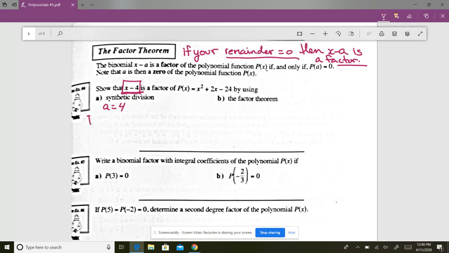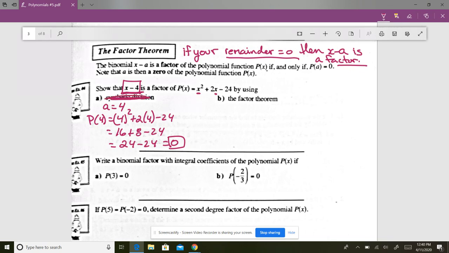So if I put 4 in for your x's, 4 squared is 16, plus 8 minus 24. 16 and 8 is 24. This is 0. That shows that it is a factor.